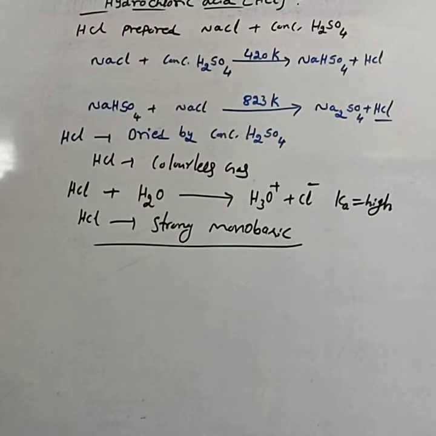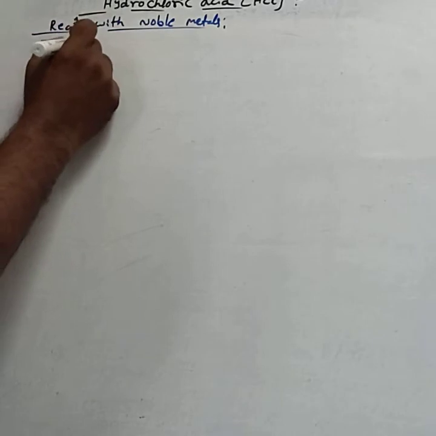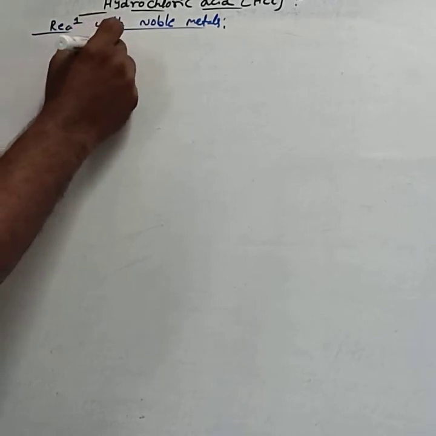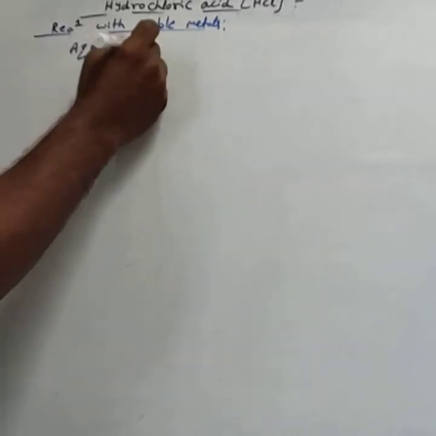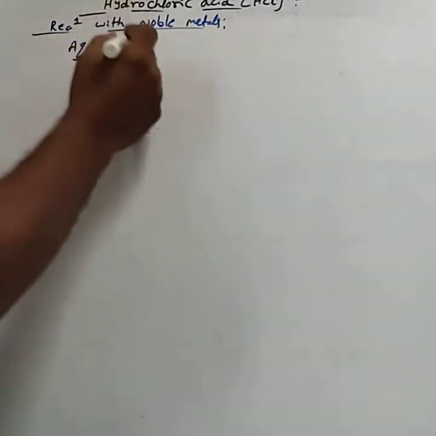Then consider the reaction with the noble metals. To dissolve the noble metals, we are using aqua regia. Very important for 1 mark.